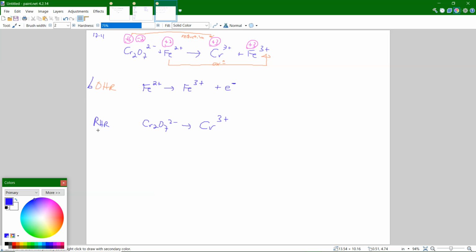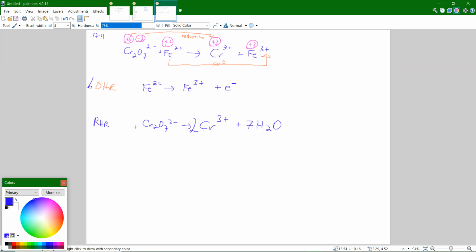The reduction half reaction, I'm going to put a 2 in front of the chromium 3+, because the chromium symbols have to be balanced. Now I see the 7 oxygens. In acidic environment, and in basic environment, you have to balance the oxygens by putting in waters where appropriate. So I'm going to put 7 H2Os here.